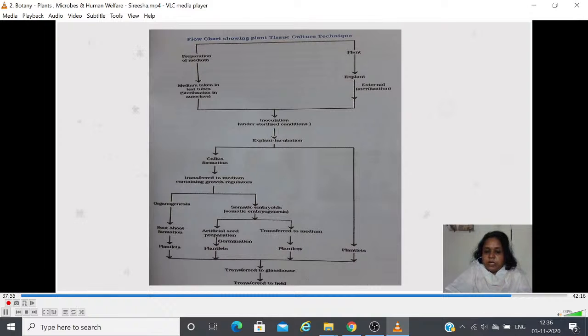And another way is that these embryos are transferred into the medium, and again the culture takes place, the process is the same, and at last we get the small plantlets. All these plantlets which we get from this callus are first transferred to the glass house and then to the field. This is the overall flow chart of the tissue culture technique. This is available in your textbook.